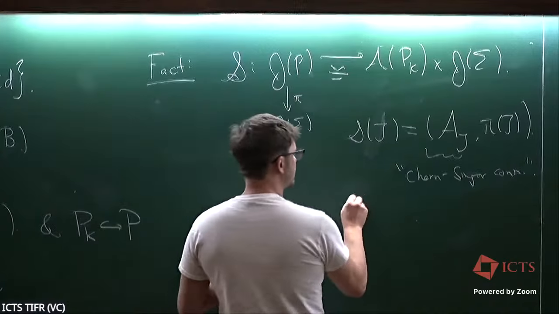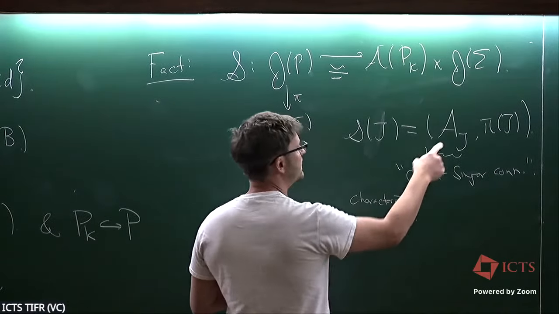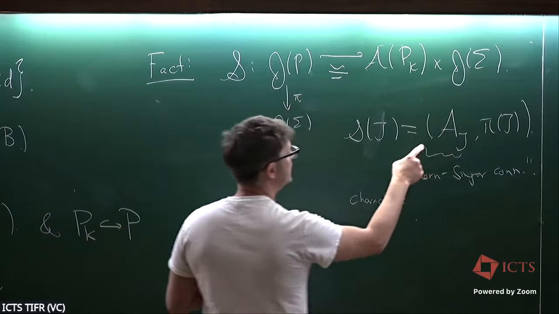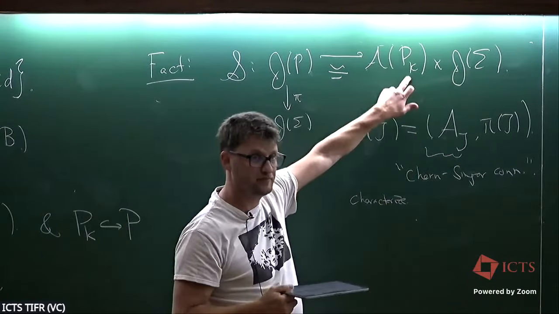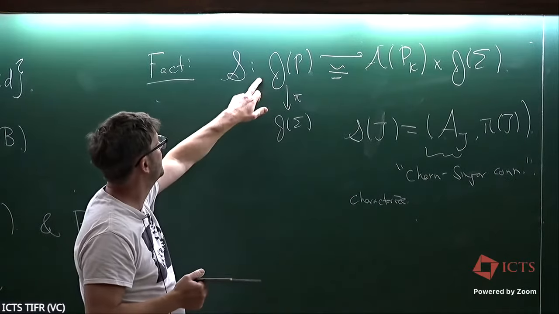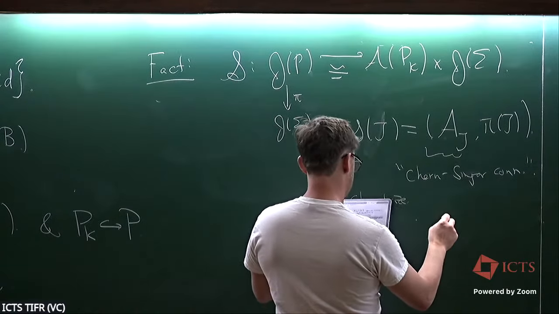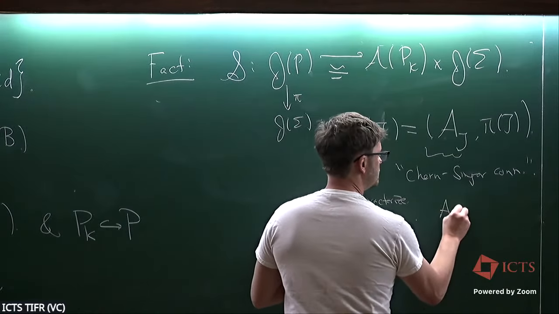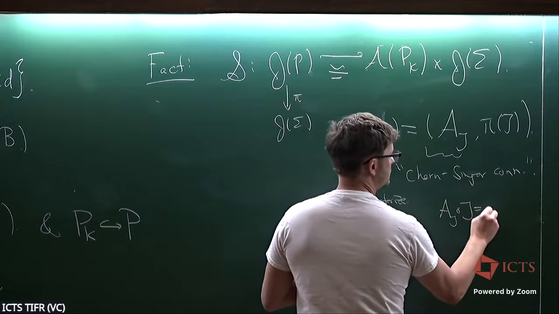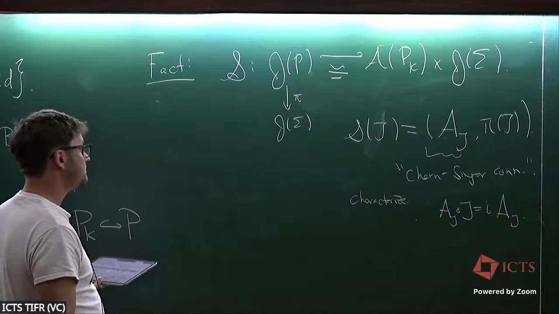Okay, and it's characterized just like before, like in the vector bundle case: one, this connection is unitary by definition, and two, it has type (1,0) with respect to the complex structure. So that's the condition A_J composed with J is equal to I times A_J. Okay, great.